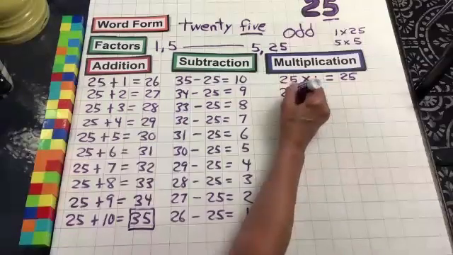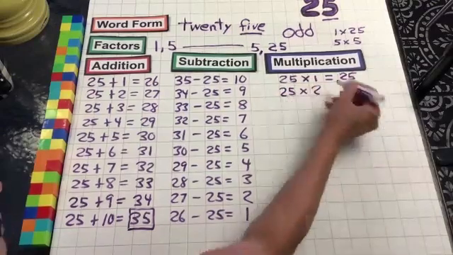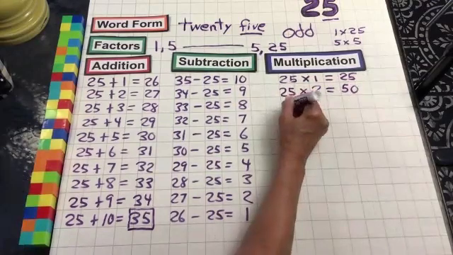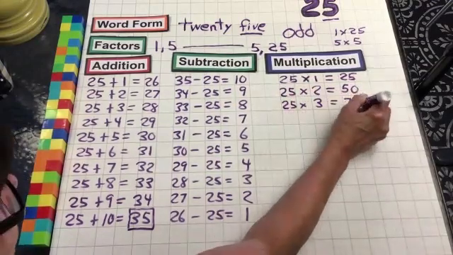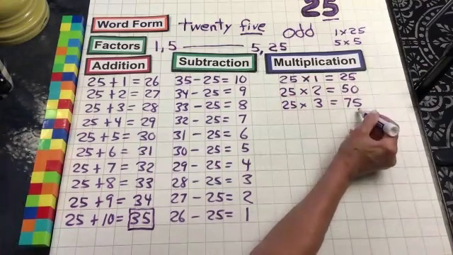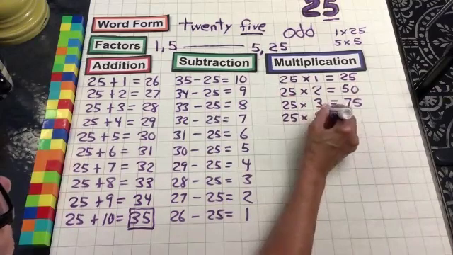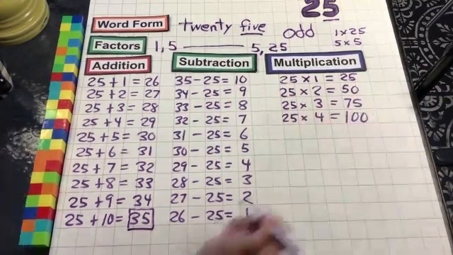If I have 2 quarters, so this is 2 25s, that would be 50 cents. So we know that's 50. 3 25s is 75. If I have 3 quarters, I have 75 cents. If I have 4 25s, that equals a whole dollar, 100.